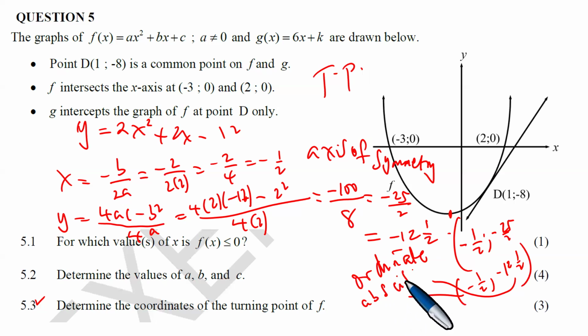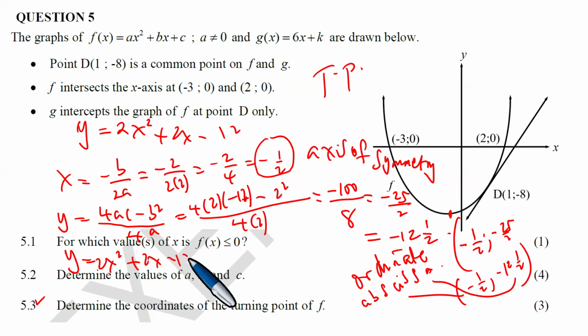Okay, now this is exactly what you have here. We found the coordinates of the turning point, but you can find them differently. You can take this x value and substitute into the original function. So you substitute into y equals 2x squared plus 2x minus 12. You can come here and say 2, and what is our x? Our x is actually minus 1/2.